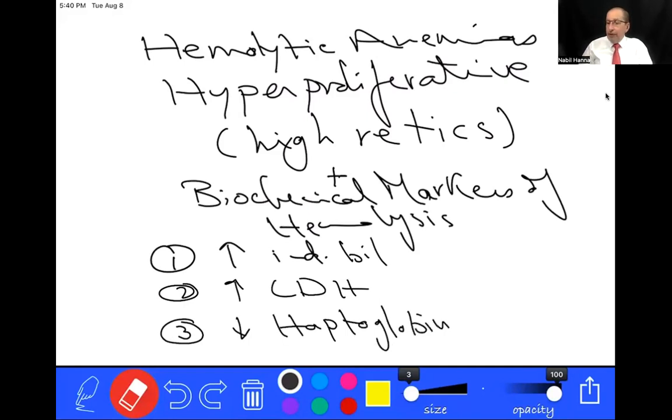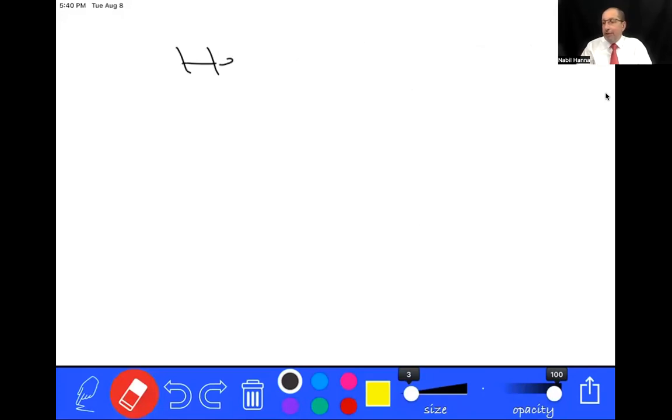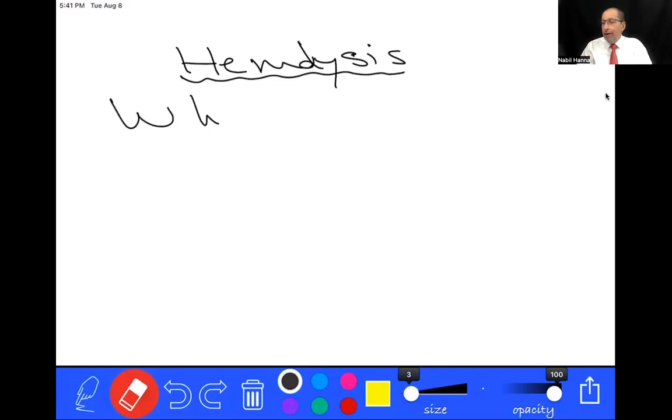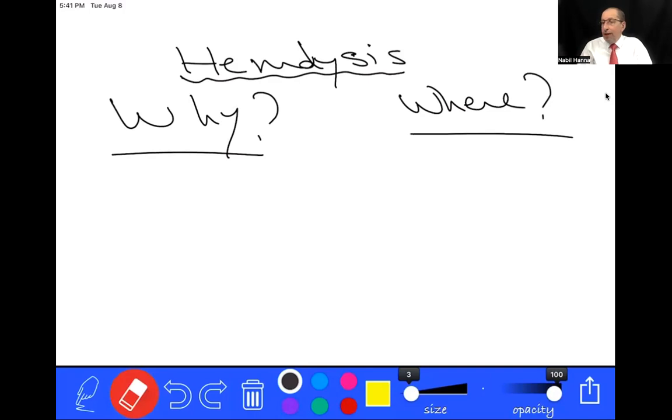So, whenever you have hemolytic anemias, or whenever you have hemolysis, you need to ask two questions. Why? Why is there hemolysis? Why do the red blood cells die young? What is the cause of this? And the second question, where? Why hemolysis occurs and where hemolysis occurs?